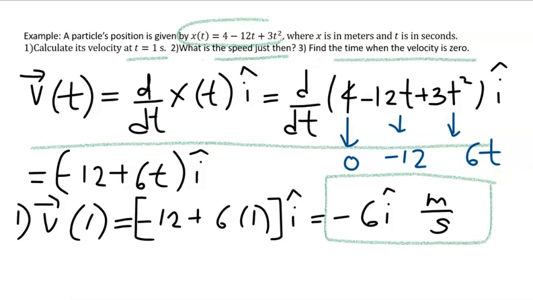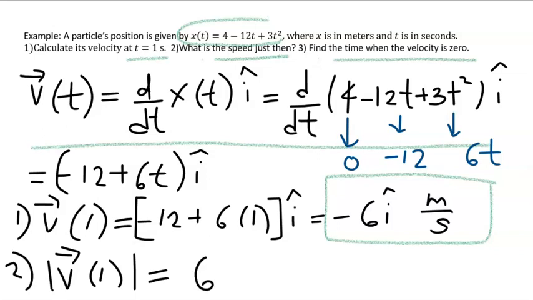Now what about the speed at that time? The instantaneous speed is what we are calculating here, the magnitude of the instantaneous velocity. So in this case, it is quite simply 6 meter per second. The final part asks you to find the time when the velocity is 0.